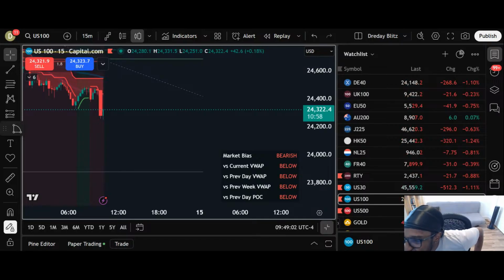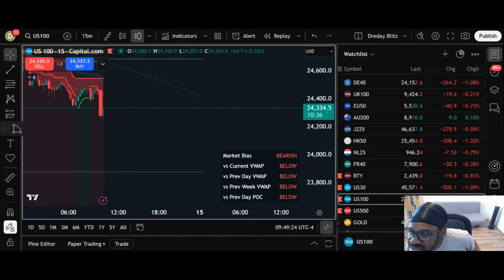For S&P, I will wait for the 50 minutes sell setup as continuation for the sell. Okay. Perfect. Trading at low risk. Okay. Perfect. That's great.